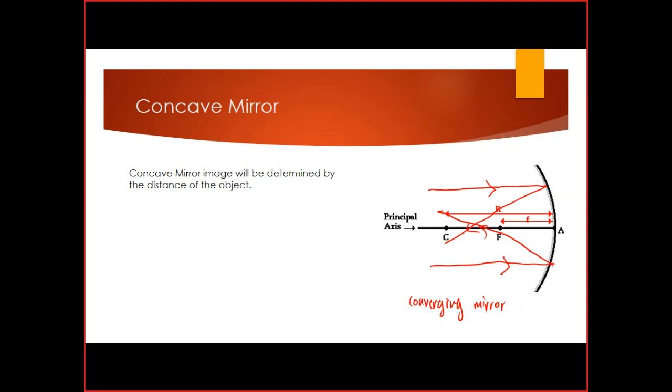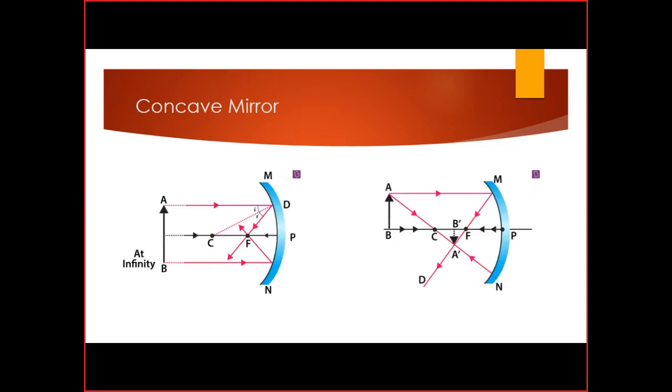Now, what kind of image can we obtain from a concave mirror? Let's try and imagine that. This is the first situation, number 1. This is a situation where you have an object at infinity, meaning that this object is very, very far away.